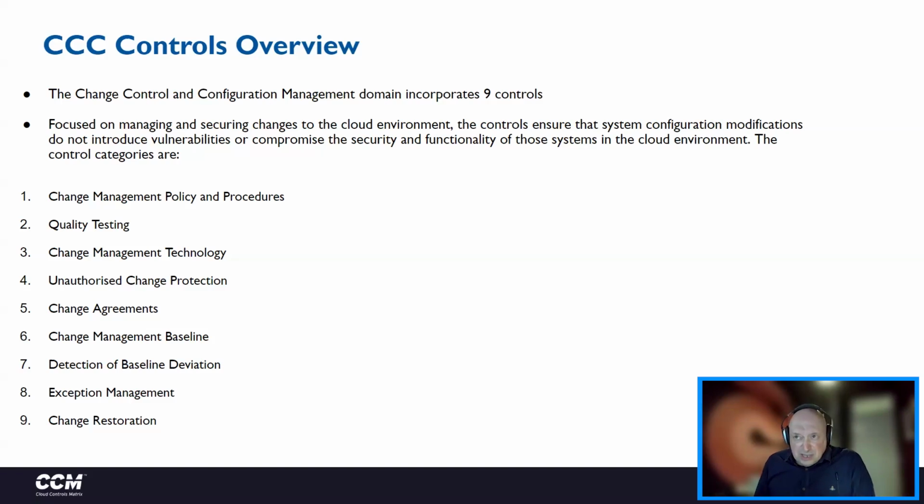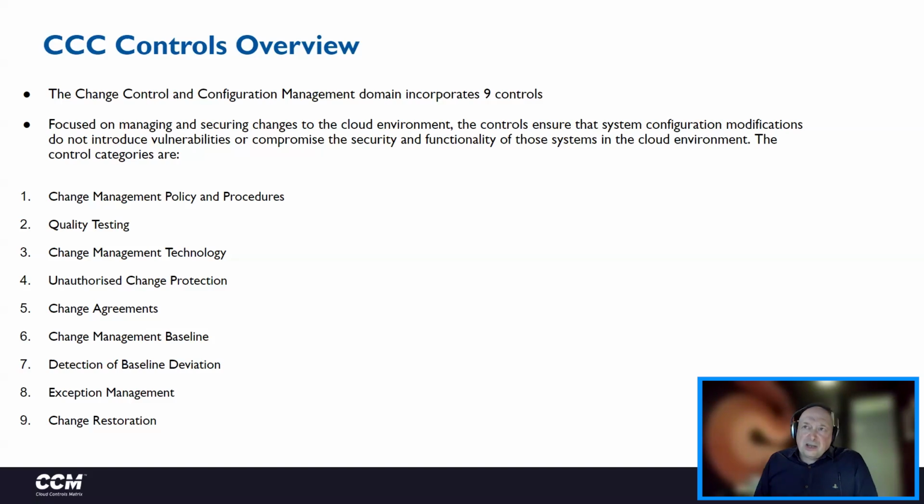Everyone knows the same thing. Quality testing, make sure you've tested the change before you release it. Vital, absolutely vital. Change management technology is around the risk of change to the systems. It needs to be assessed prior to any changes being undertaken.